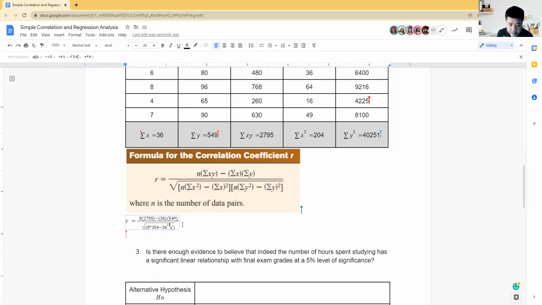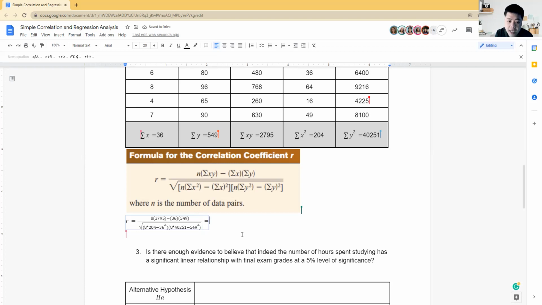For the other one, we have 8 times summation of y squared, which is 4,251. Let's multiply, just use our asterisk for the multiplier. And then minus square naman ng summation ng y. So 549 squared.